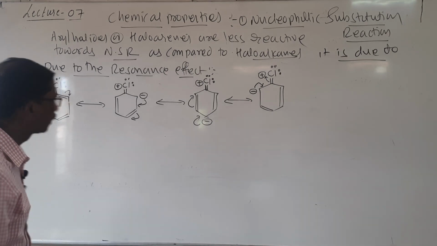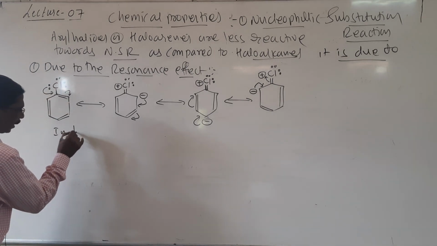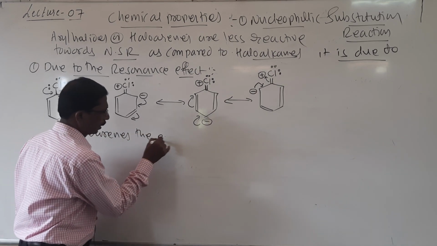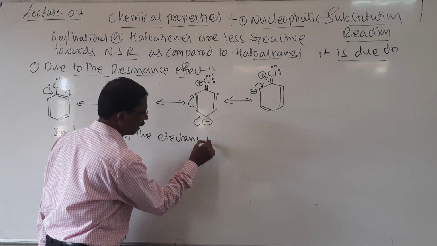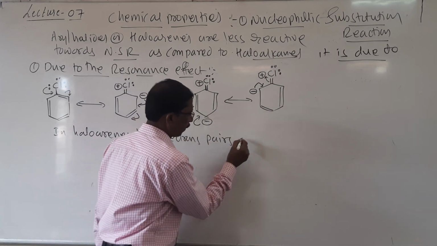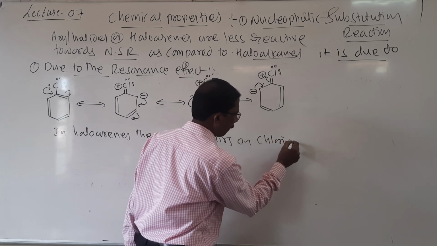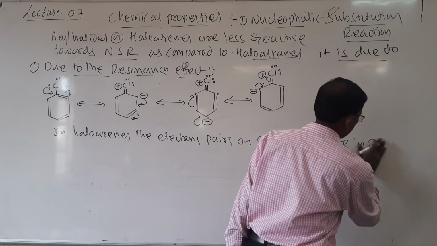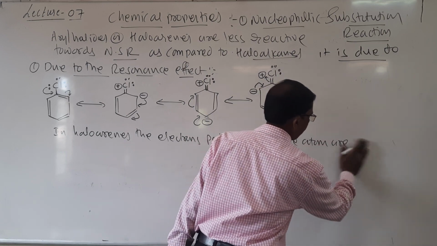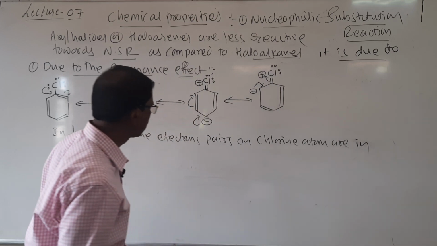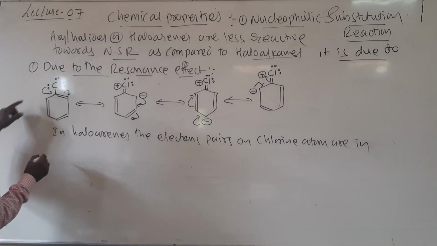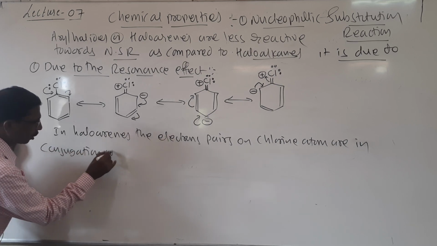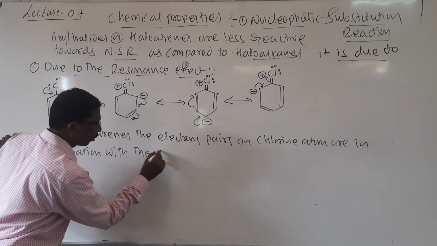Then I will write here, in haloarenes, the electron pairs on chlorine atom are in conjugation with the pi electrons.